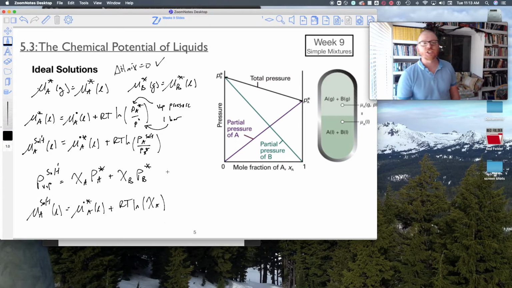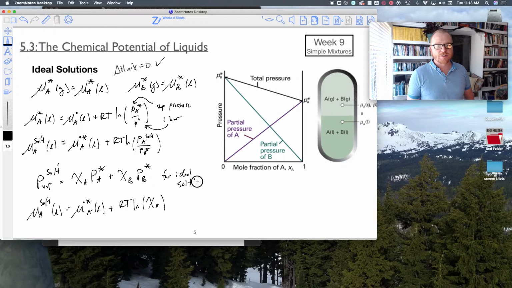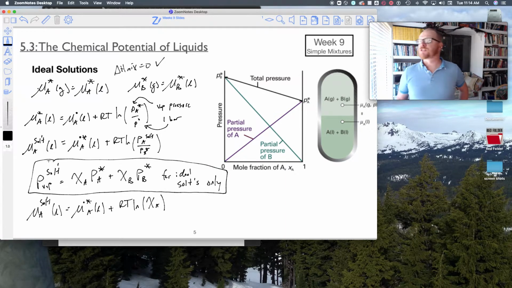So this ratio of the vapor pressure of the solution relative to the vapor pressure of pure A is just going to give us the mole fraction. And so this equation is for ideal solutions only. This is kind of a major criterion for ideal solutions.